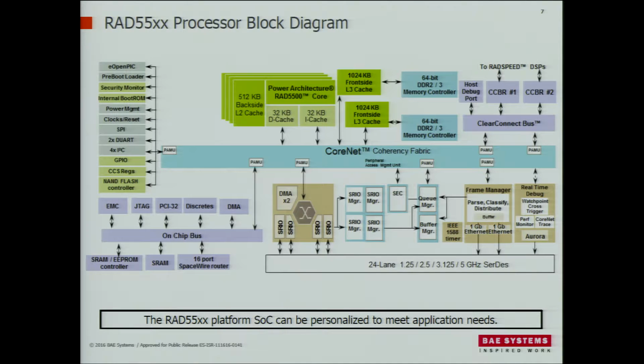And then on the very far right, there's something called Aurora, which is another protocol. A lot of FPGAs have that protocol in it. And in this case, it's used to do high-speed streaming out of debug information. So there's debug trace capability built into the device.